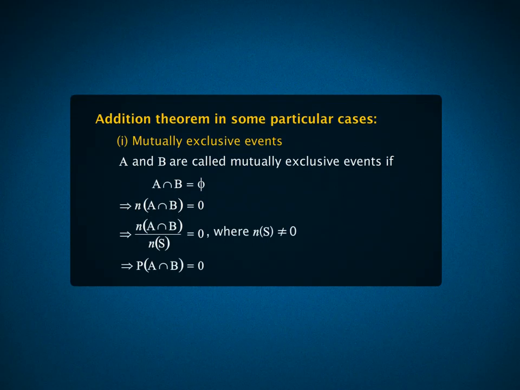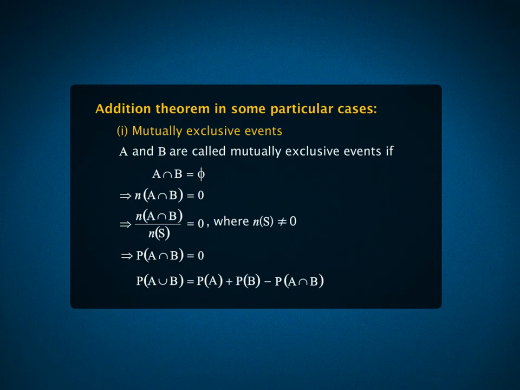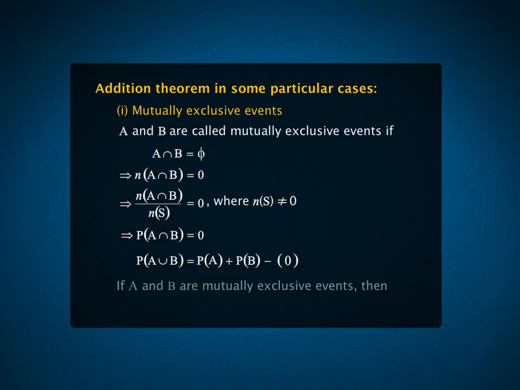In such a case, the probability of set A intersection B is 0. Now, we use the addition theorem. We plug in the probability of set A intersection B as 0. Thus, if A and B are mutually exclusive events, the probability of at least one of the events A or B is the sum of their probabilities.